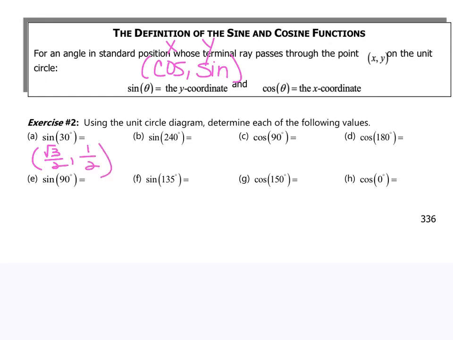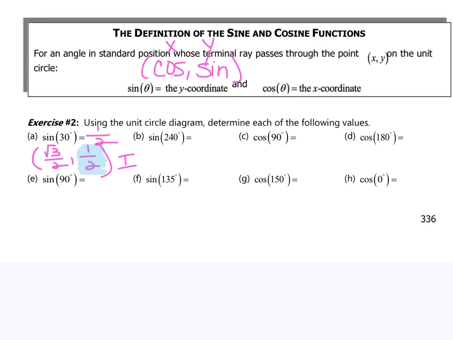Now 30 degrees is in which quadrant? It's in quadrant 1, which means everything's positive, correct? So what I'm now going to do is, because I want the sine, that's my y value, which is that. So that means my sine of 30 degrees is 1/2.